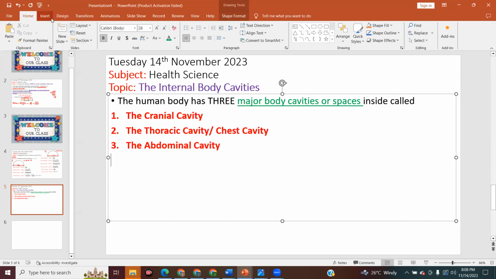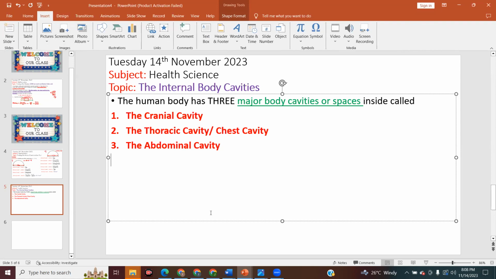Now, let me show you visually what we mean by cavity so you can understand what we're talking about. They're like spaces.